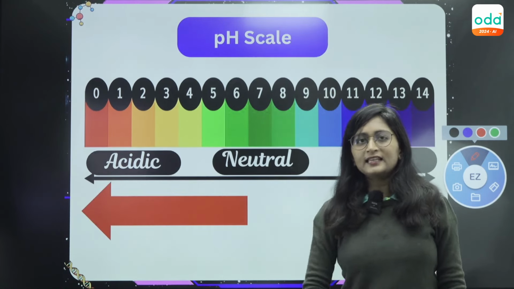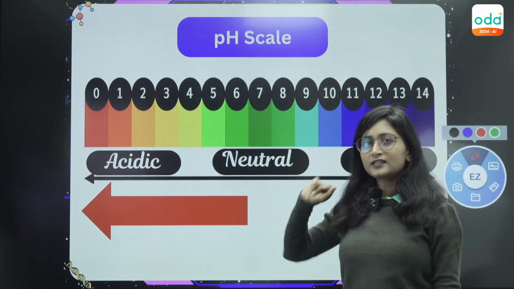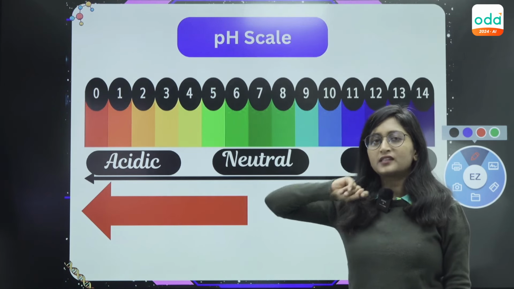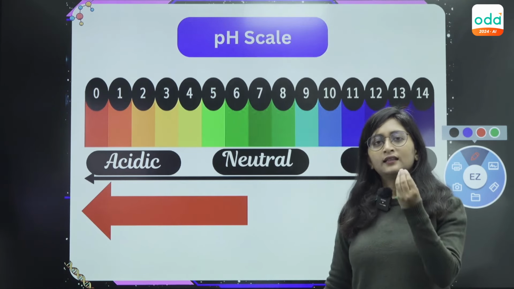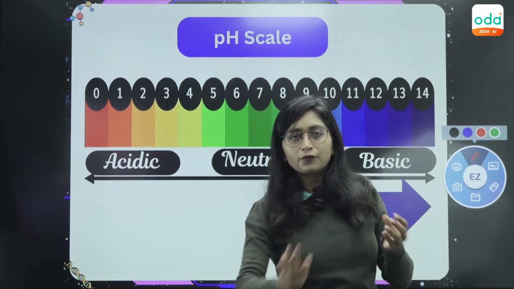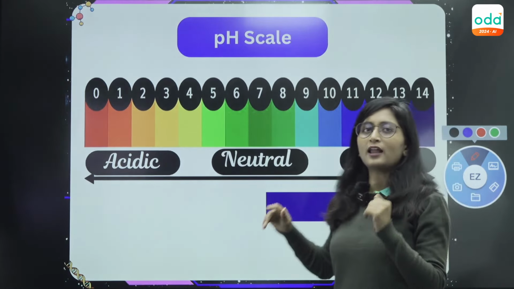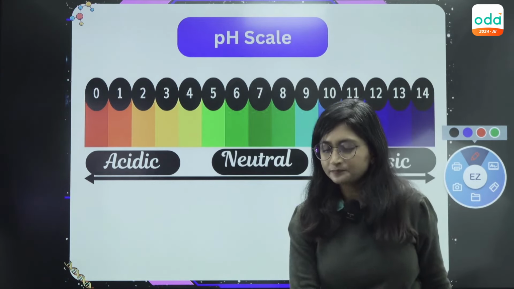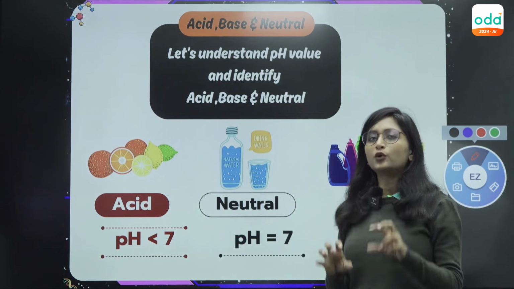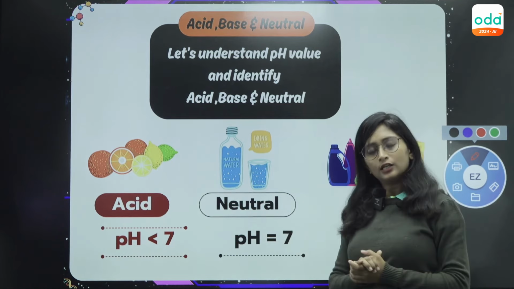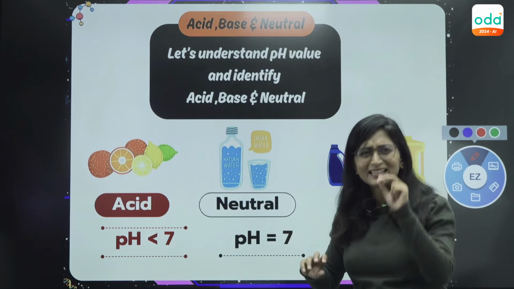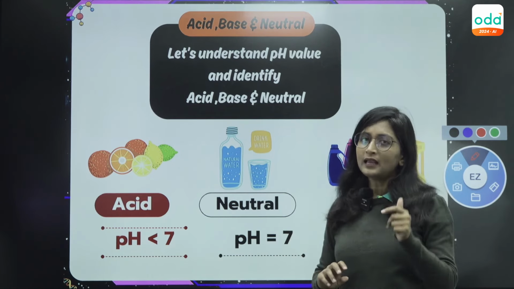So here we can see that when it is moving towards the left of the 7, the value is for an acidic substance, whereas when it moves to the right of the 7, it gives a value for a basic substance. Right? Now here, if the pH value is equal to 7, it is neutral. If it is more than 7, it is basic, and if it is lesser than 7, it would be acidic.